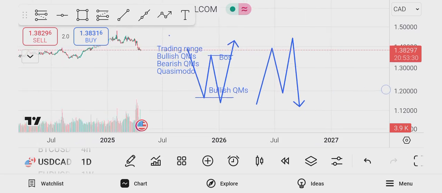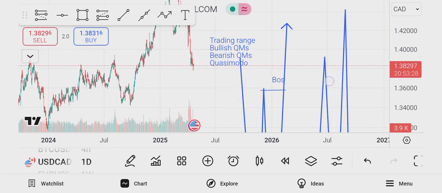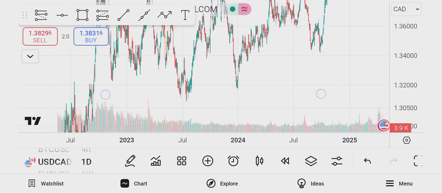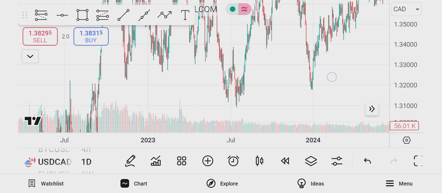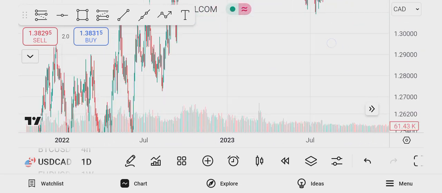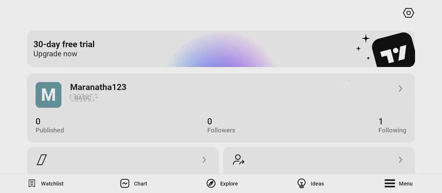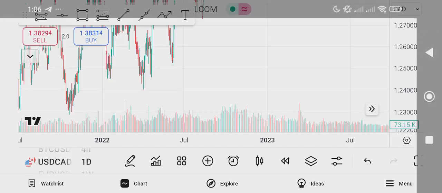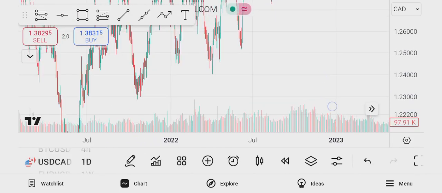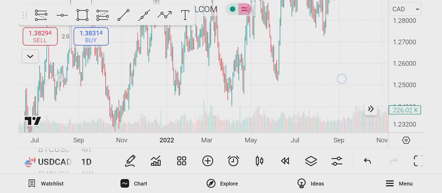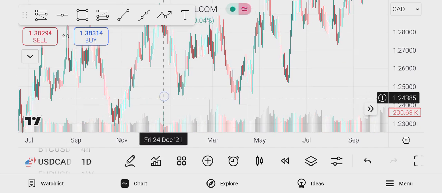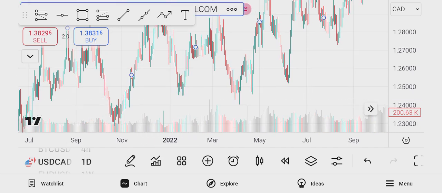Now let's see where we can get a clear example of these things that we explained. I want to see a perfect example so that you'll be able to understand these things very well. You can use this one as an example, but it's not a perfect example, because the market actually respected this.